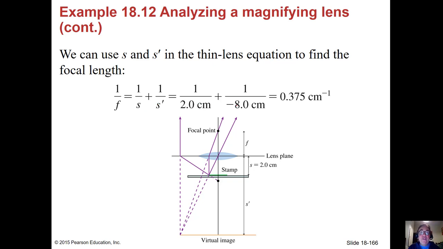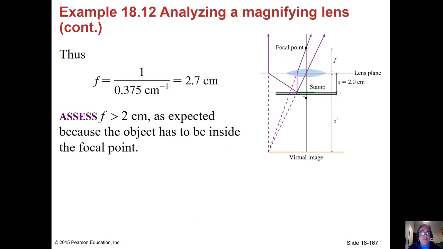Just be careful, you've got a minus sign here. So you get 1 over f is equal to 0.375 to the minus 1 power. To get the focal length, you just have to take the inverse of that, and you get 2.7 centimeters.